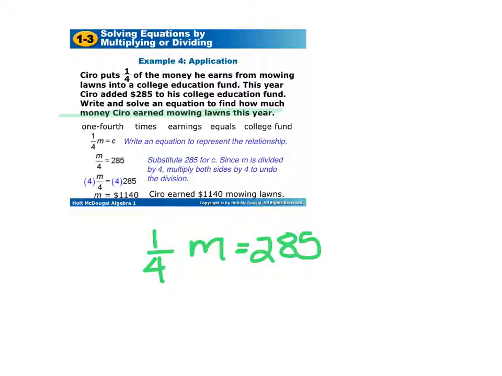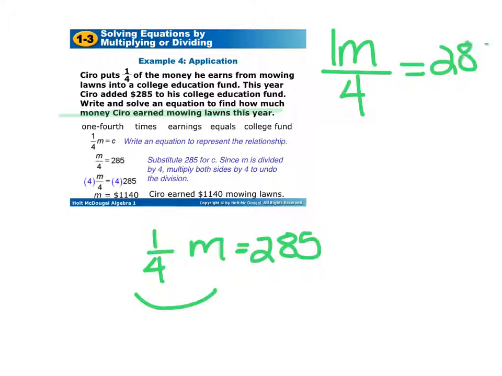Now, I could also write my equation side by side, or remember there's an assumed 1, put it on top there, and then solve the equation. Again, when I've got a fraction next to my letter, I'm flipping to the reciprocal.